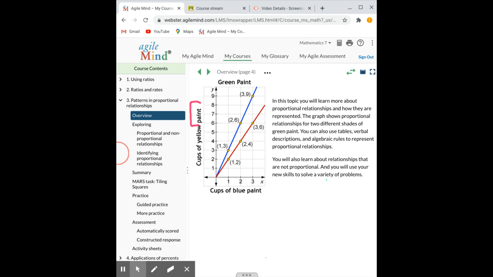Correct. So, which one is going to be a lighter shade of green? Would it be the blue line or the red line? The blue line. Why? Because it has more yellow and yellow is a light color. Perfect. Perfect job.